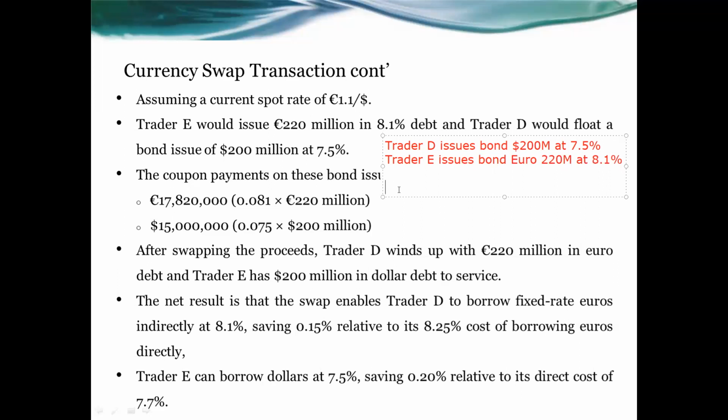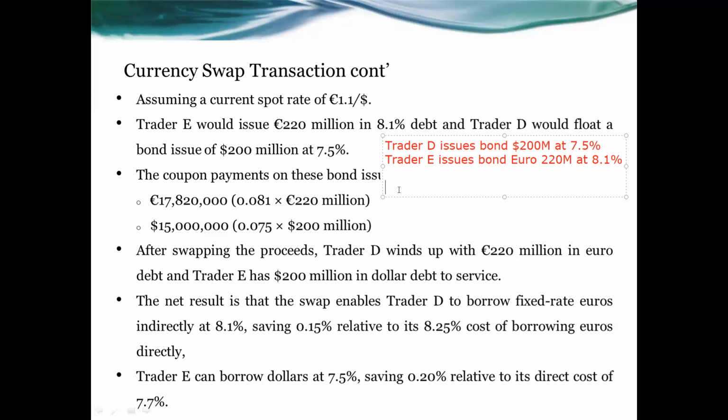But in this case, E's requirement is fulfilled while D's requirement is not. So that is not what happens in a swap. A swap means both parties' investment requirements are fulfilled at a low borrowing or investment cost.